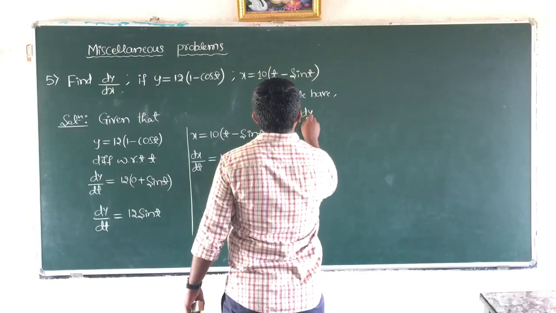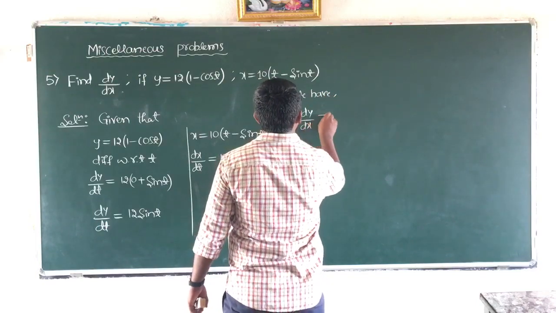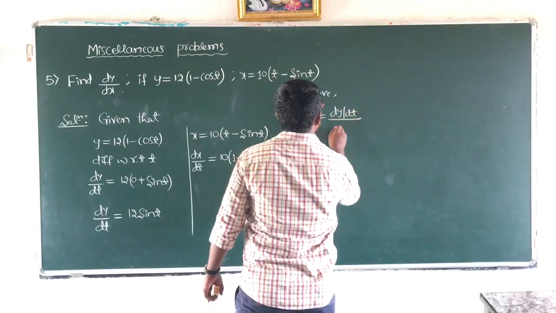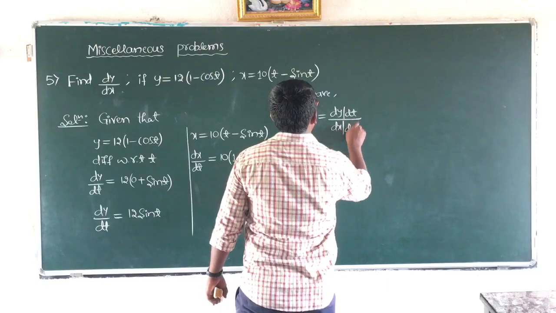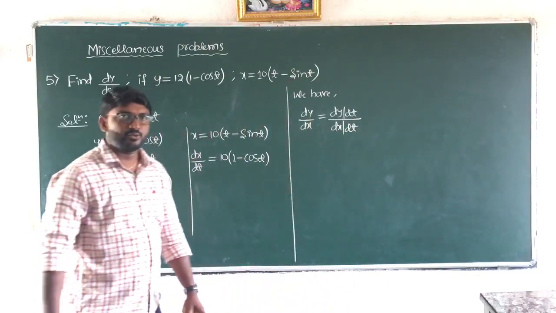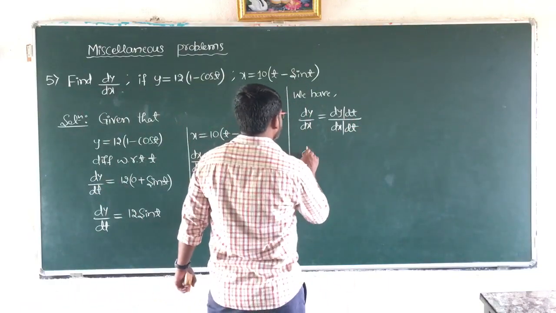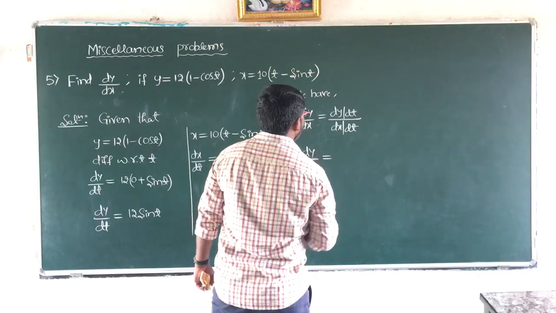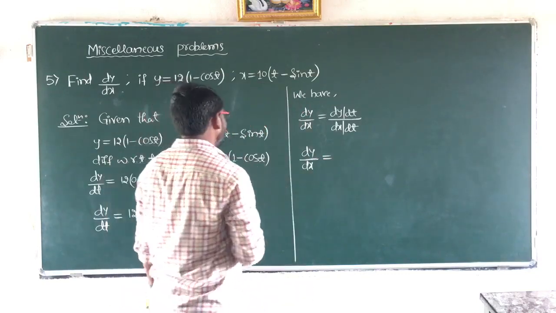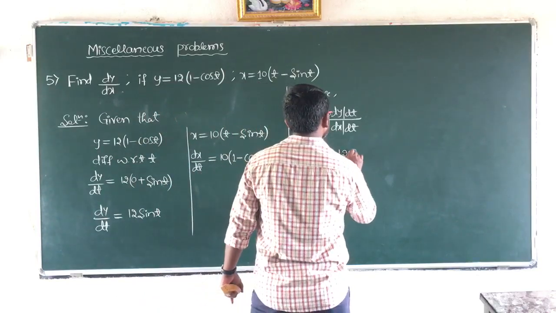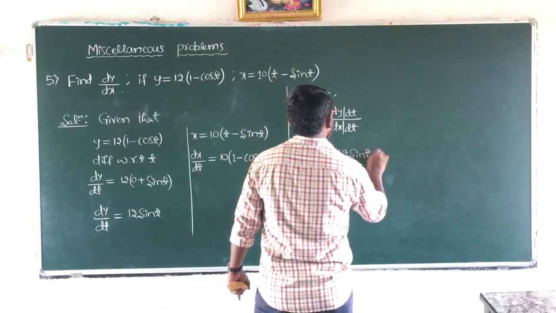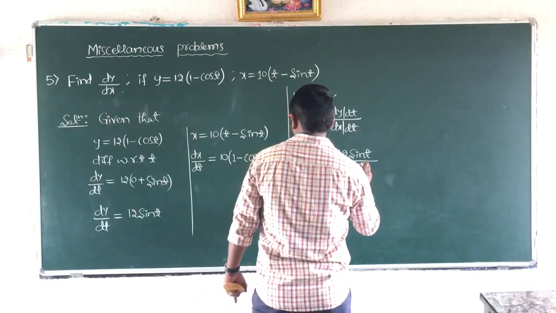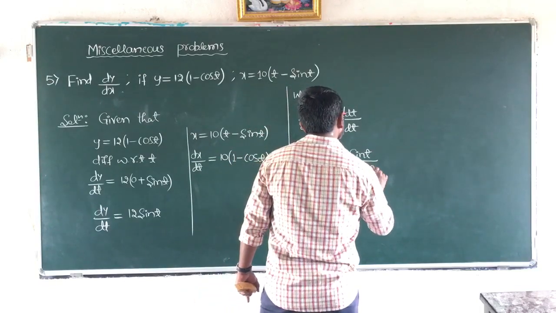We have dy by dx, which is equal to dy by dt, then whole divided by dx by dt. So this is by chain rule. So now dy by dx is equal to dy by dt, which is 12 sin t, divided by dx by dt, which is 10 into 1 minus cos t.